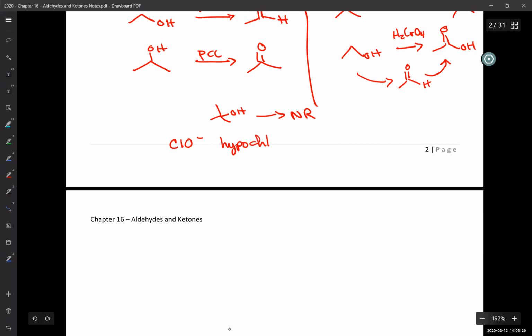What's in R? No reaction. Cool. But hypochlorite oxidation is just like PCC, and it's a lot more environmentally friendly. It just doesn't work real great all the time. Has to be soluble in water, for example, and that's not always going to happen.